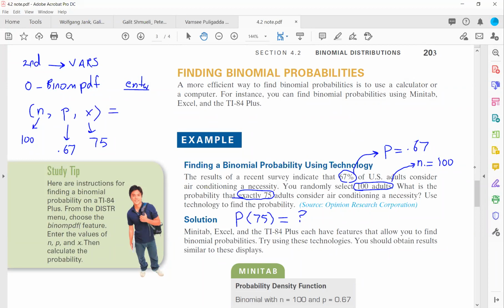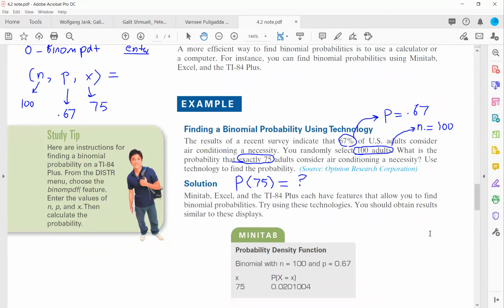Enter. The outcome must be 0.02. So the probability that exactly 75 adults consider air conditioning a necessity is going to be just 2%.